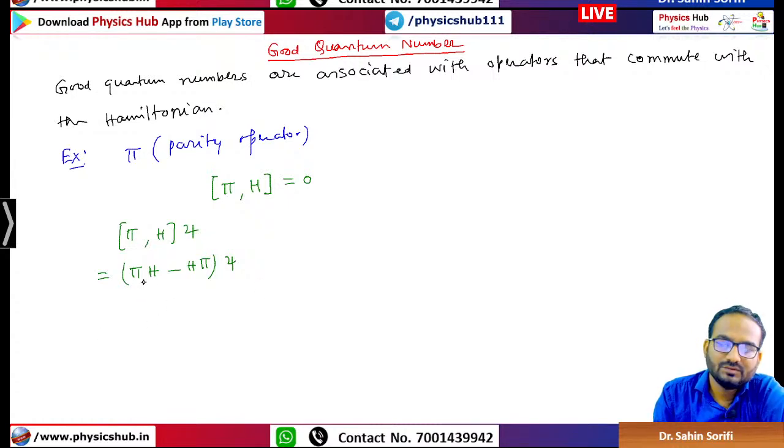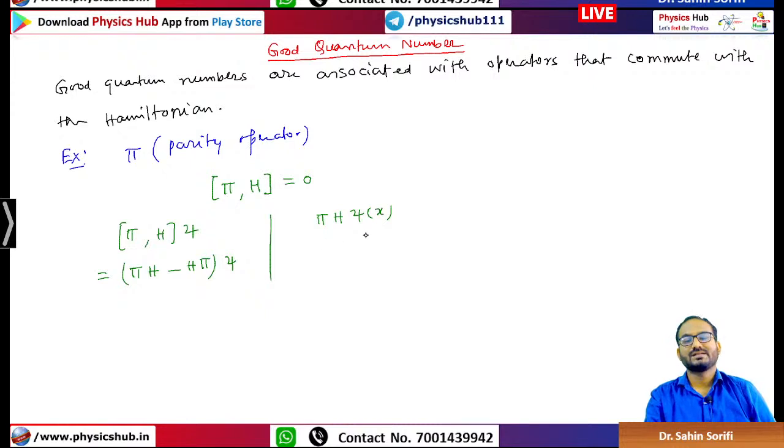Now if you somehow can show ΠHψ is equal to HΠψ, then the job is done. So let's start with ΠHψ(x). If you can show that it is equal to HΠψ(x), then this will be 0.